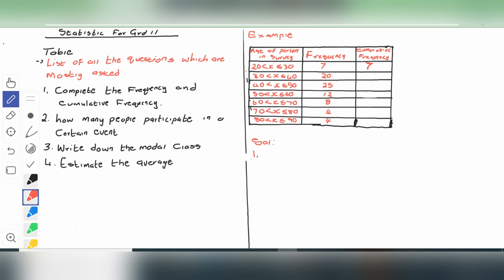Therefore, after writing it down, the cumulative frequency which you got is 7 plus 20, which is the frequency here. Then it's going to give us 27 here. Then after, you're going to say 27 plus 25, which is 52.